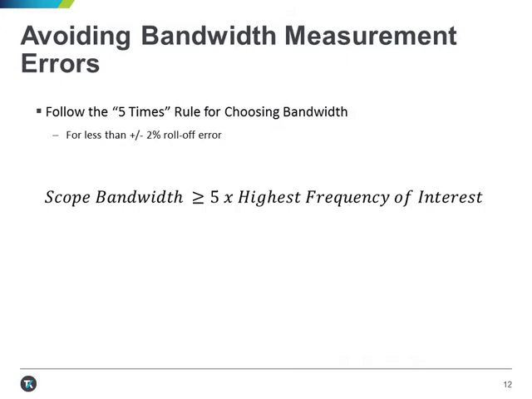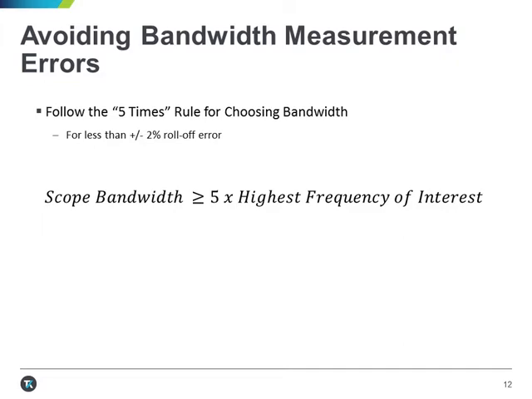Remember when I showed the roll-off of a typical scope? I said that the response was pretty flat until we hit roughly the 1/5 point of the bandwidth. While the actual roll-off of an oscilloscope can vary from scope design to scope design, this 1/5 relationship is a pretty good rule of thumb. So to determine the oscilloscope bandwidth you need to accurately characterize signal amplitude, please follow the 5 times rule.